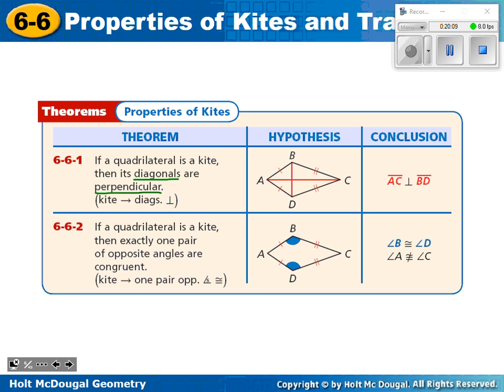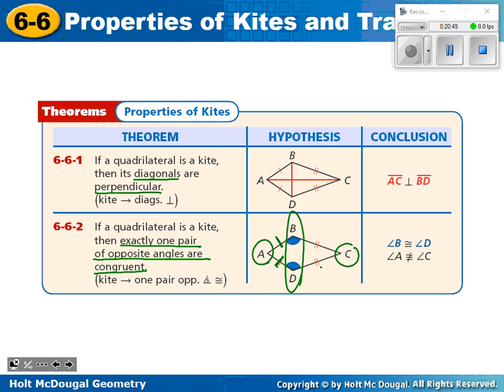Next thing about the kite is it has exactly one pair of opposite angles that are congruent. And I will show you which pair. So if you look up here at the picture, it is not the pair that is in between the congruent sides. So it is not A and C that are congruent. It's the pair of angles that are in between the non-congruent sides. So D and B. So when we list this here, I would probably list which pair we're talking about. So it has one pair of opposite angles congruent.